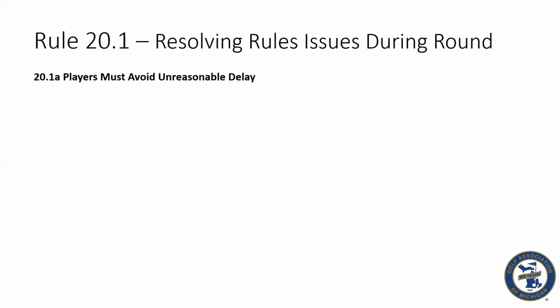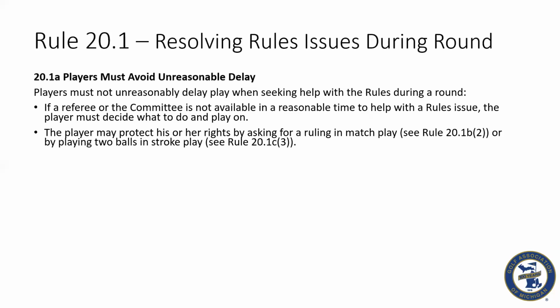All right. So players have to avoid unreasonable delay. What that means is that if the player has a question on the rules, they can't just sit there and wait for a referee if it's slowing down play. To use an example from some of my past experiences, we had a player who literally had a question about the rules, and they just literally sat there and their group kept playing.